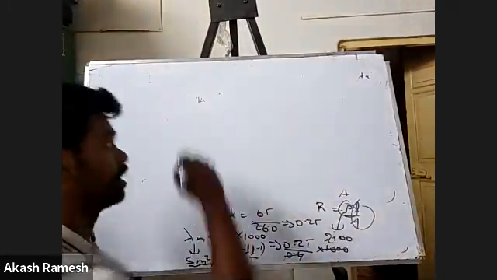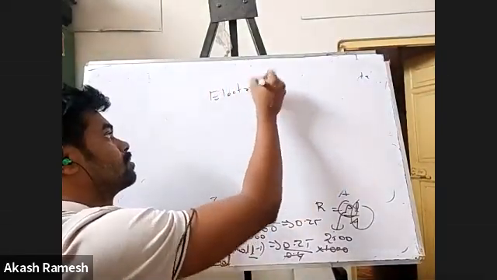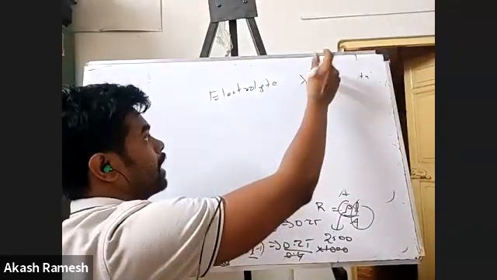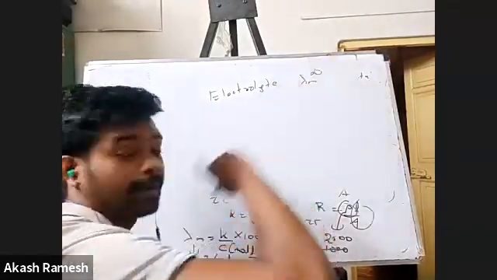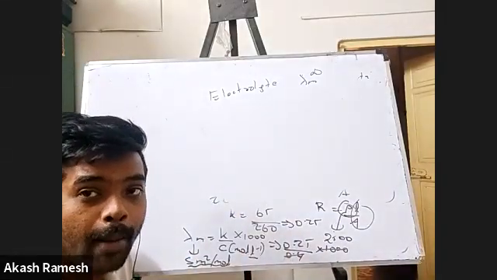Okay. So they're given a table, electrolyte, and it's lambda m naught, or I can even write it as lambda m infinity. What is this? Lambda m naught or lambda m infinity, what is it? Limiting molar conductivity. Good. How do you define it?